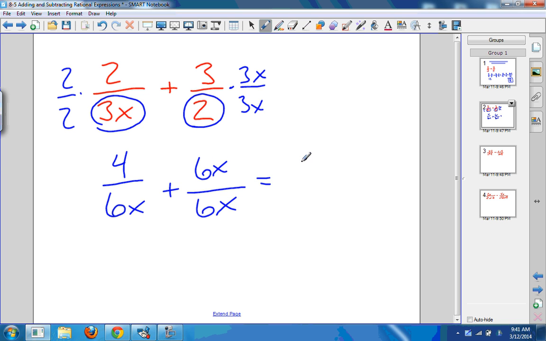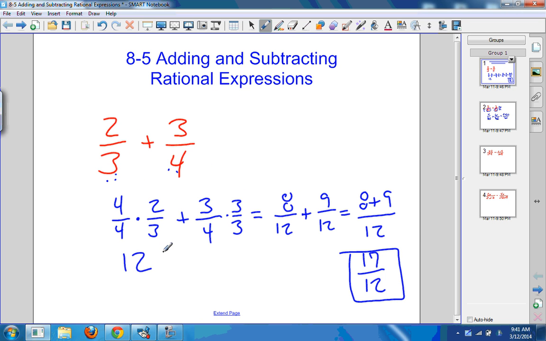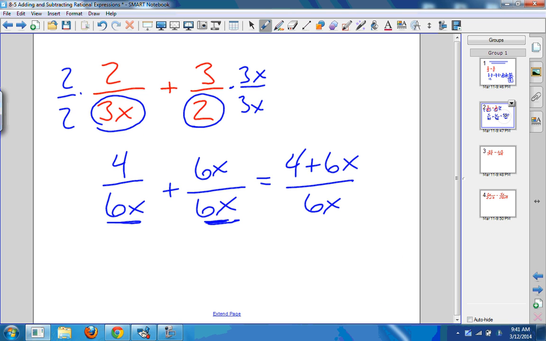So I can simplify this down to 4 plus 6x all over 6x. Remember that the denominator always stays the same. Just like in the problem before, our common denominator was 12 and 12, and it stays the same at 12. We don't go adding that together, just what's on top.